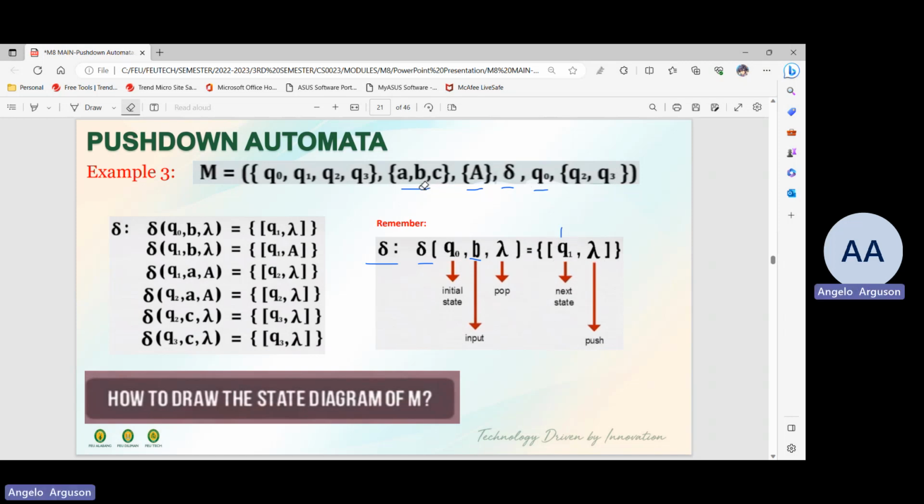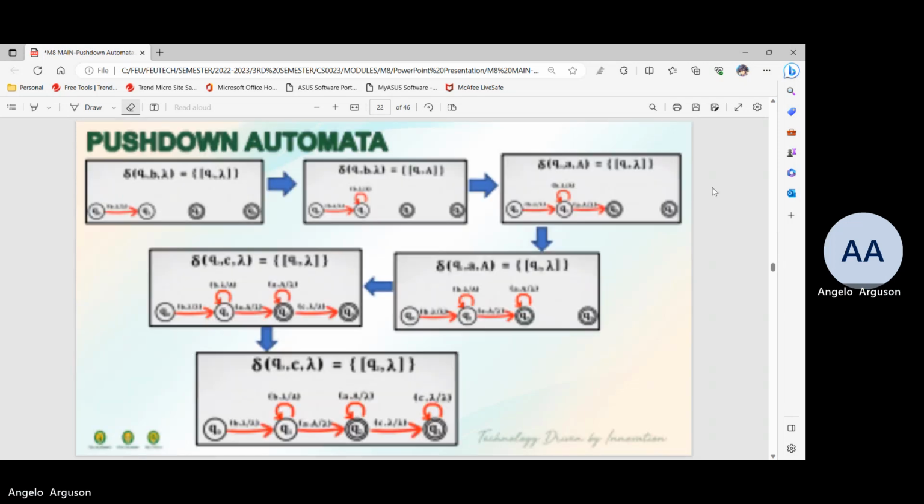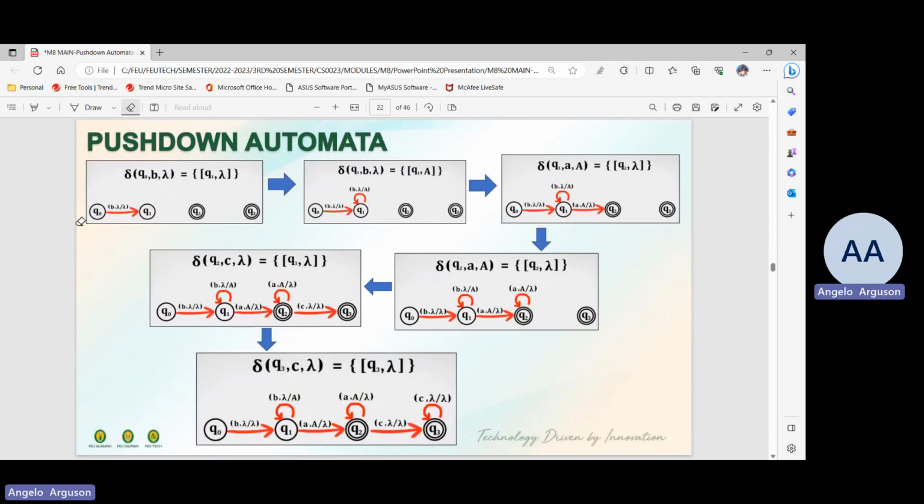Next, let's take them one by one. How are we going to illustrate it as a transition diagram? Let's go through them one by one using this slide. If Q sub 0 is the input and the top of the stack is nothing or empty, that will lead us to Q sub 1.